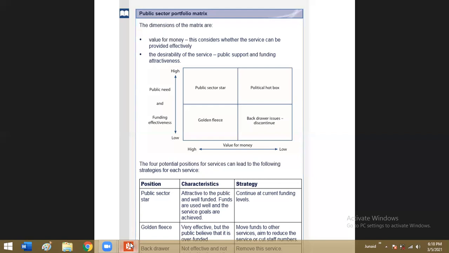And if both are low, this is called backdoor issues, discontinue. As a dog product will not survive for long, we have to discontinue these, because they have low public need and funding effectiveness and low value for money as well.